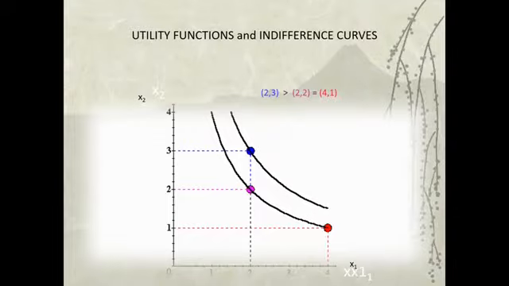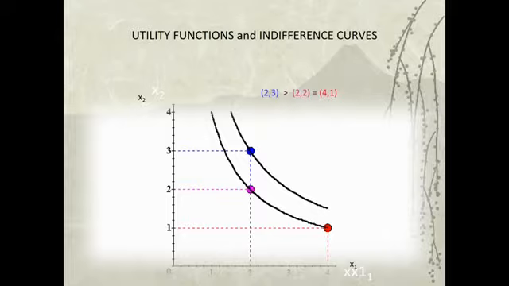2, 3 means 2x2 and 3x1. At the same time, you can also say 4, 1. The first number represents the x-axis and the second number represents the y-axis.